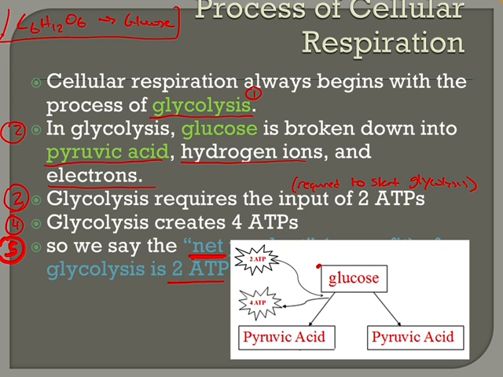You have a glucose molecule, which gets broken down into your pyruvic acid. You see that there's 2 ATPs going into glycolysis, and you're going to get 4 ATPs out of it. But again, because you had to put those 2 in, you only net 2 ATP total. You're only netting 2.